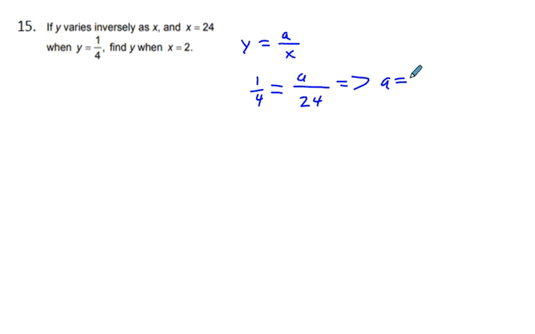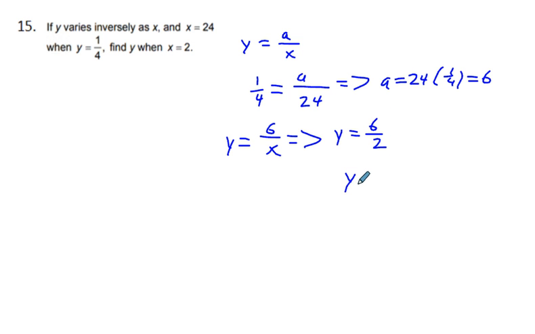A is equal to 24 times 1/4 equals 6. So we have y equals 6 over x. Now we plug in here, y equals 6 over 2. So y is equal to 3.